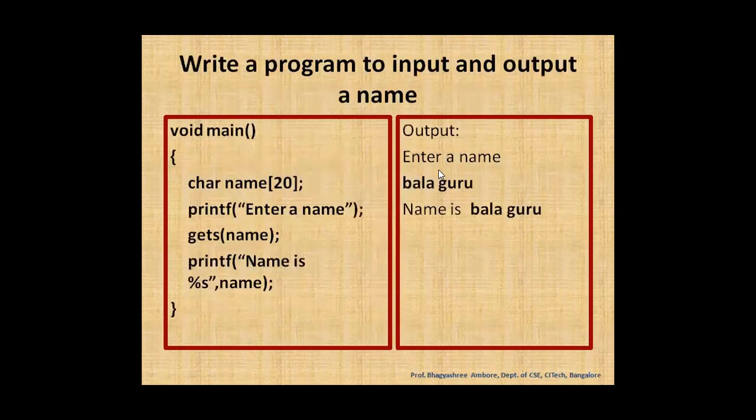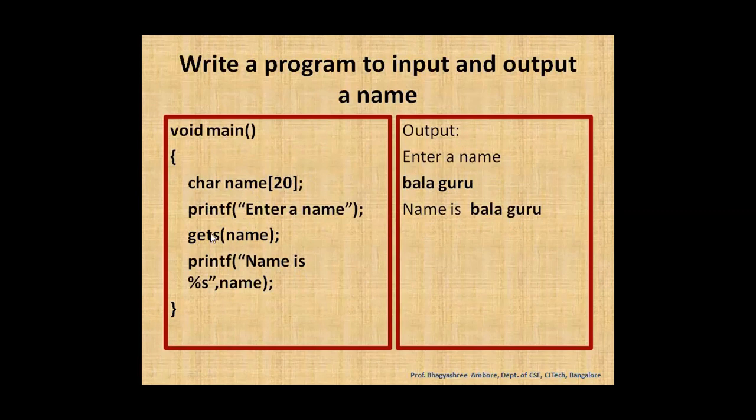We'll see one example how exactly it does. char name[20], the name can hold 20 characters. Enter a name. I have entered here Balaguru, and gets(name). Fine, it is reading the string in name. Then printf name is %s, name. So it prints here Balaguru.